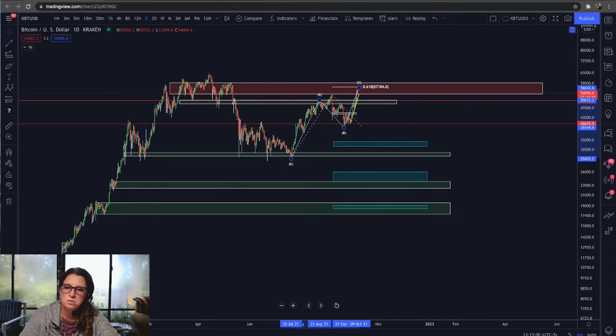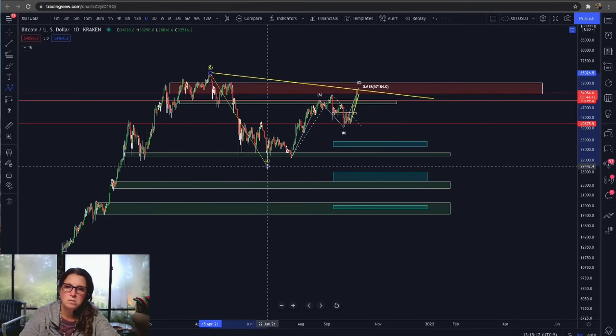That would still give us the triangle count. So meaning we cannot go much higher here. We'd have the 3-wave A, 3-wave B, 3-wave C, D, E, and then we would go.